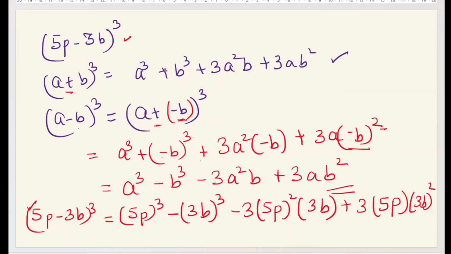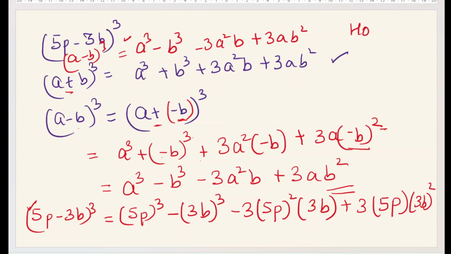What is the difference? a minus b whole cube is equal to a cube minus b cube minus 3a square b plus 3ab square. Now how to remember the sign? Just check the power. Here the power is 3, an odd number, so negative sign.